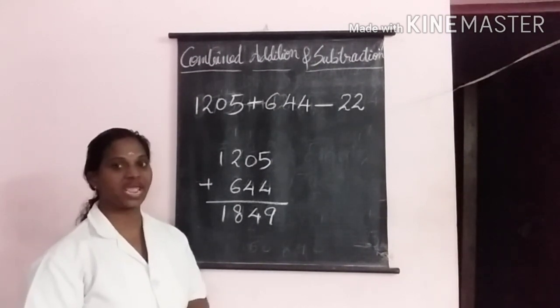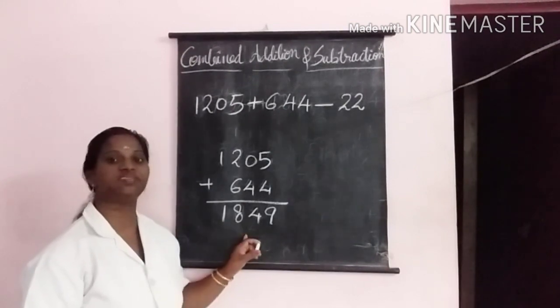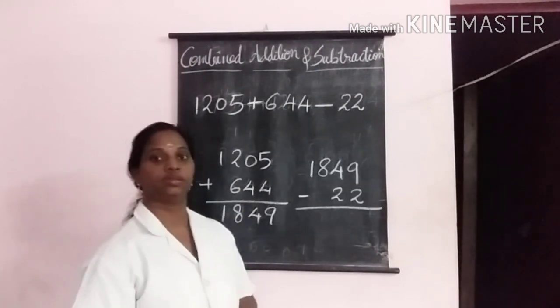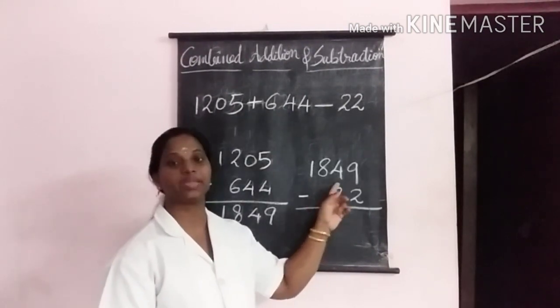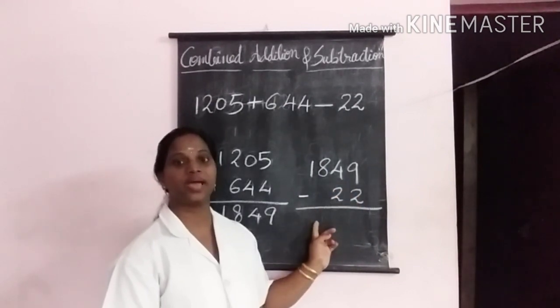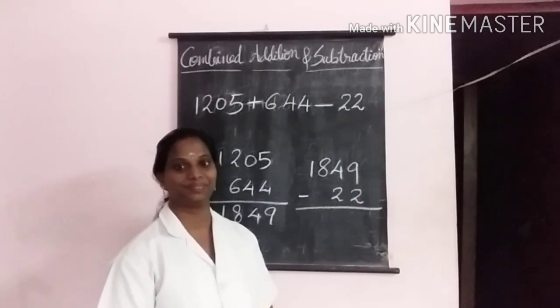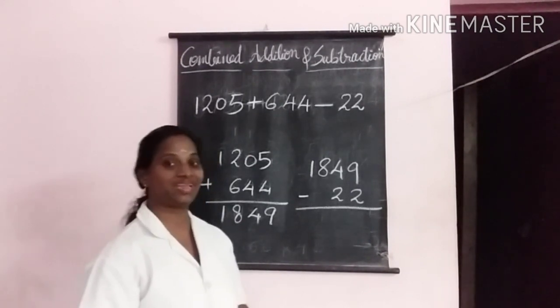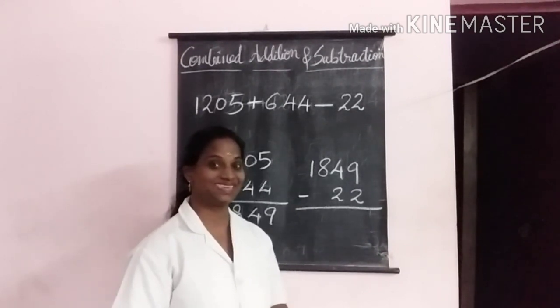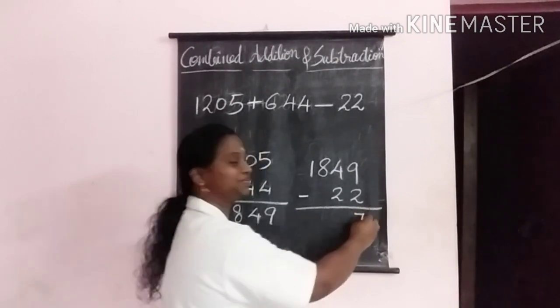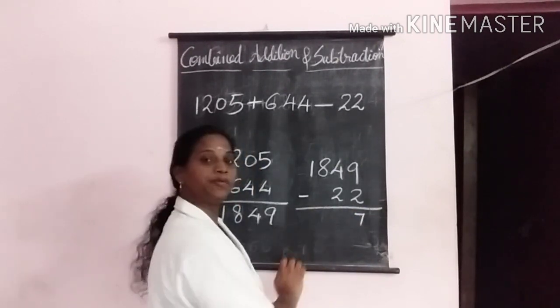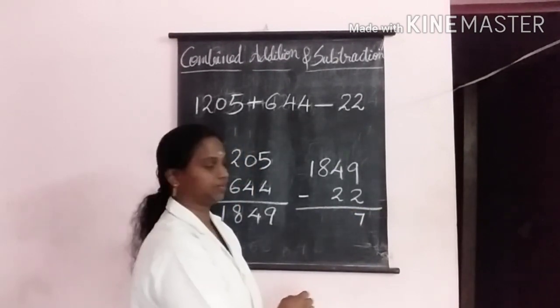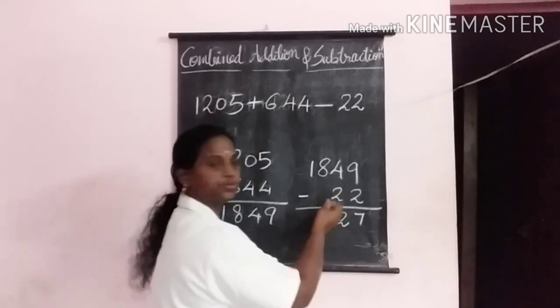Yes, you can subtract the number from this sum. Okay. So, 1,849 minus 22. Clear? Then first subtract 9 minus 2. What is 9 minus 2? Yes, 9 minus 2 is equal to 7. Then 4 minus 2 is equal to 2.